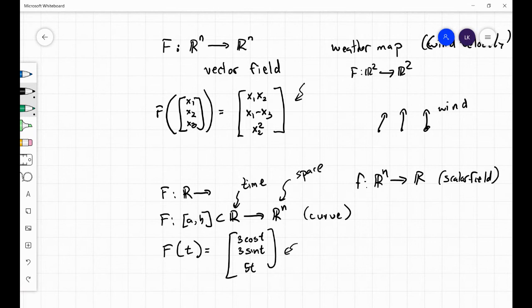This tells you your position in space at time t. You think of it as a trajectory. If you animate that as time changes, you trace out a path in space, a curve in space. So this is called a curve.